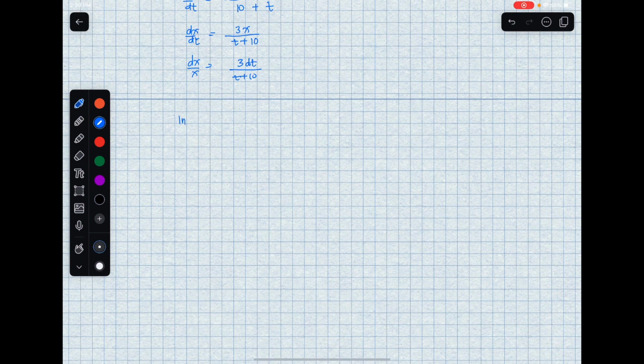So ln x is equal to 3 times ln of t plus 10, plus c. So ln x will be equal to ln of t plus 10 raised to 3, plus c. We exponentiate both sides, giving us x equivalent to c times t plus 10 raised to 3.